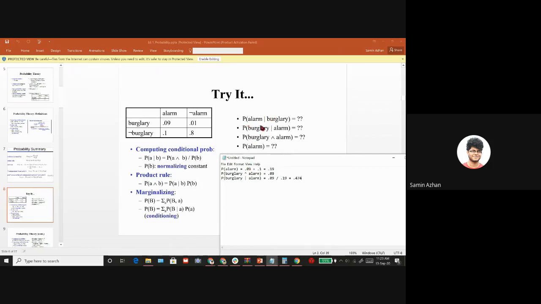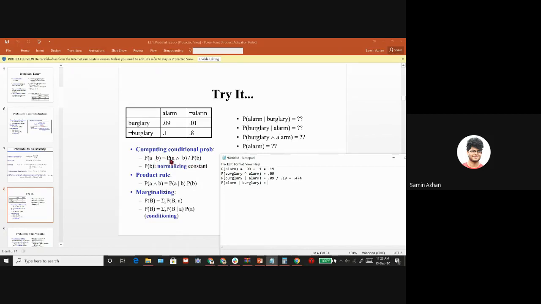And lastly, we have to calculate the probability of alarm given burglary is true. So can anybody tell me what should be the answer? The only difference between this one and the previous one is that the A and B are shifted now.